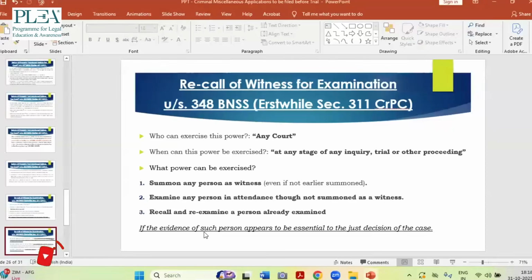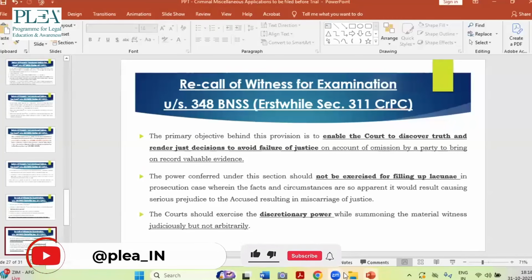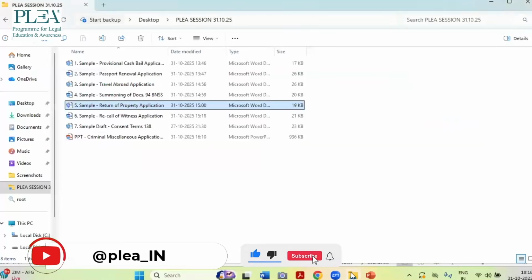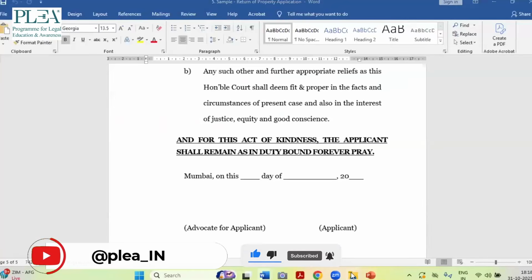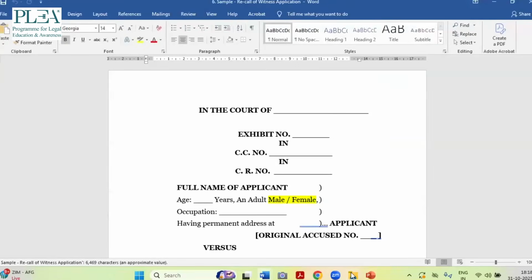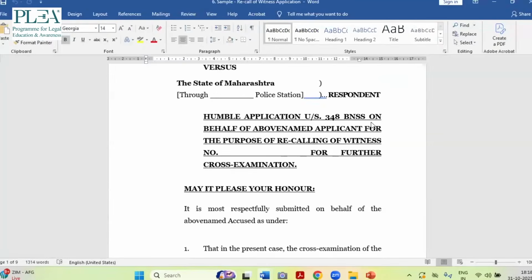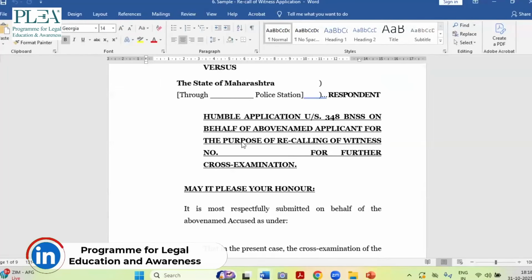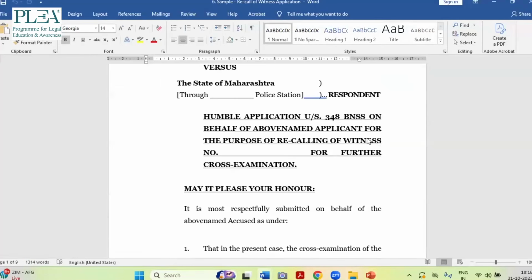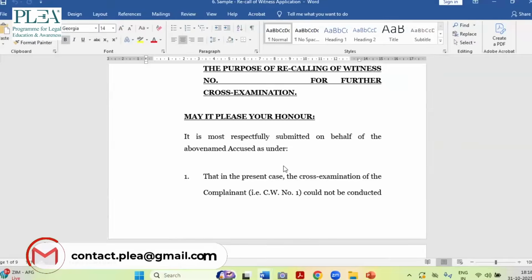Let's just quickly go through a draft for recalling of a witness. Now, this cannot be done in a separate miscellaneous application. It is an exhibit interim application in the ongoing trial case. Humble application under 348 BNSS, which is equivalent to the earlier 311 CrPC, for the purpose of recalling witness number and name of the witness for further cross-examination.